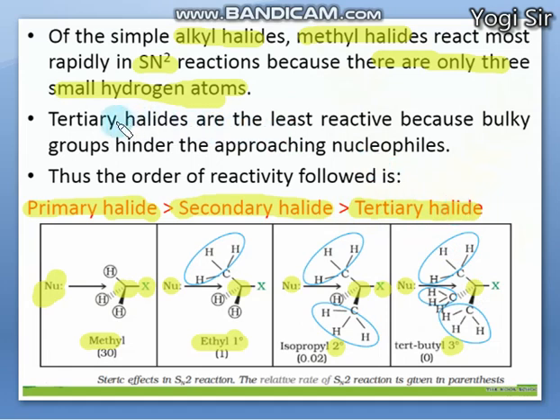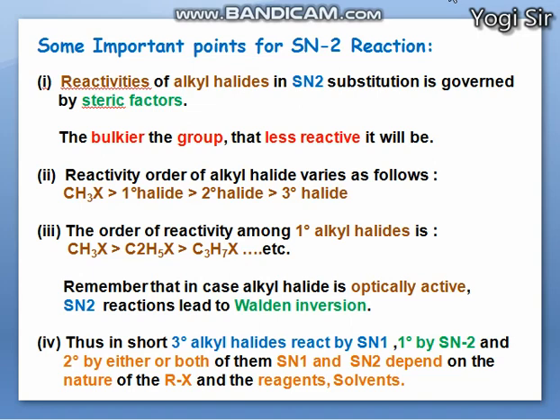Here it is mentioned that tertiary halides are least reactive because the bulkier or larger functional groups hinder the approaching nucleophiles, right? So it is slower towards tertiary. You can remember this. Some of the most important points are mentioned in relation to the SN2 reaction.